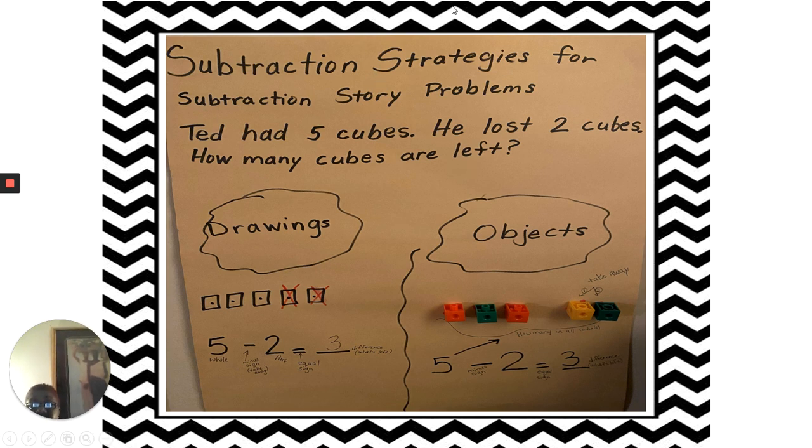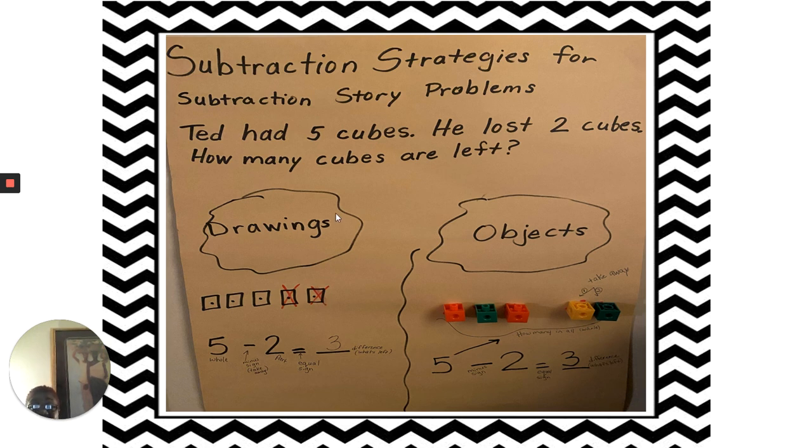Let's see. Ted had 5 cubes. So for my drawing, I have 1, 2, 3, 4, 5. He lost 2. That means he doesn't have them anymore. So I put an X on 2 of the cubes to let me know Ted lost them.